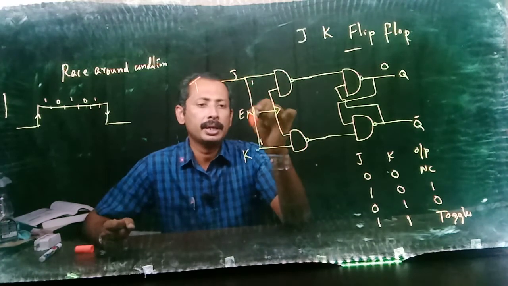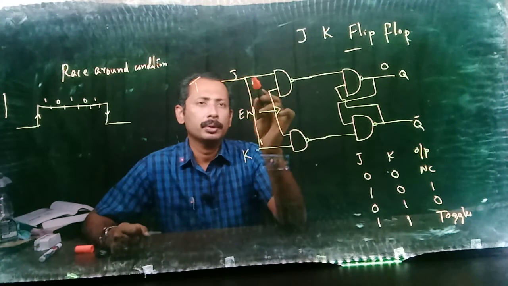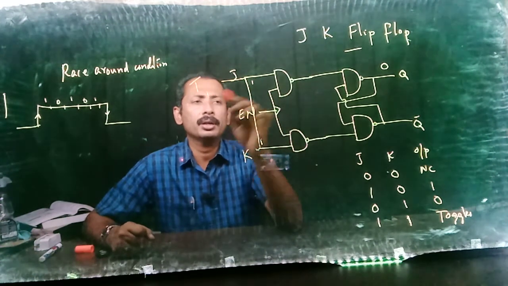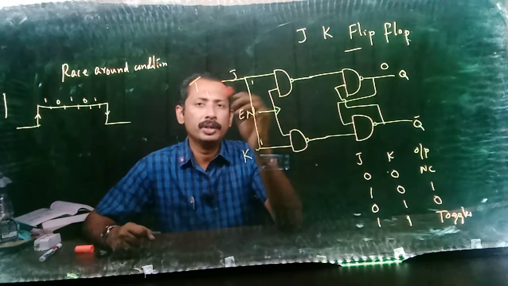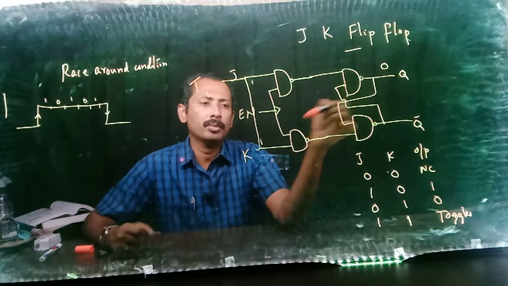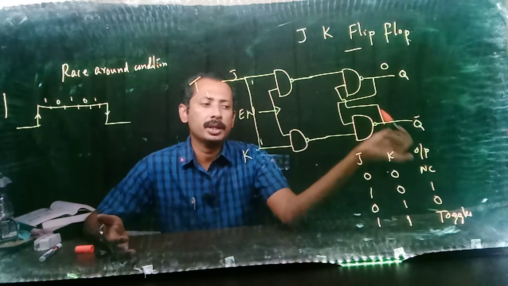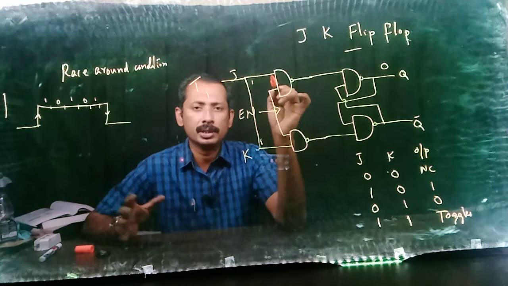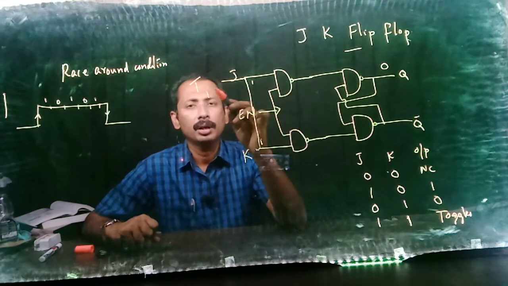That is, J and K are made 1 because J is shorted to K. So if I give 1 here, this flip-flop works in the toggle mode. If it is 0, the flip-flop is not affected. It works in the previous condition, no change mode, and so this T responds only to the input 1. So this is a toggle flip-flop.